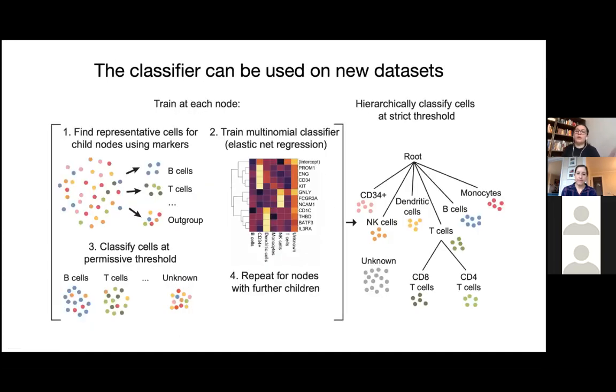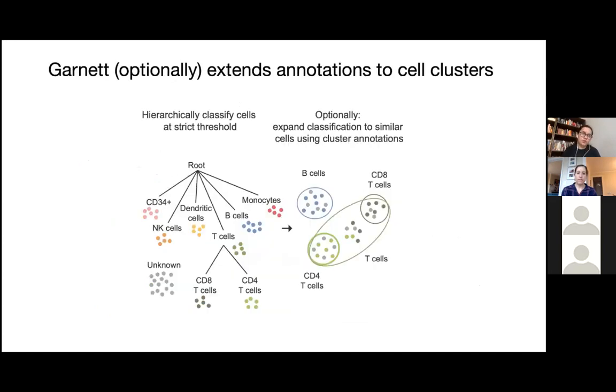One more thing to mention here is that when it classifies the cells from the root node to the child nodes and then to the grandchildren, it uses a strict threshold from your expression studies to classify cells into their respective types. But another option that Garnet has is that it extends annotations to cell clusters.